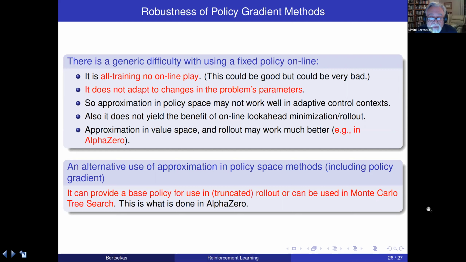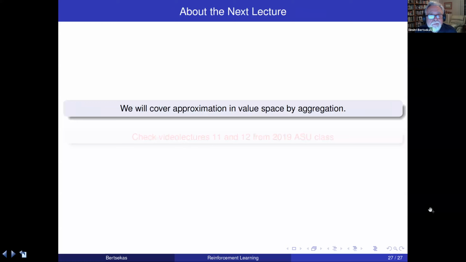Okay, guys, as you have seen, this is a vast field, and our course has been focused on rollout and policy iteration. We would need another course for policy gradient type of methods and approximation in policy space, together with a lot of other things that we have not talked about. However, there's one last lecture that we're going to give in this course, which will be on approximation in value space using aggregation.